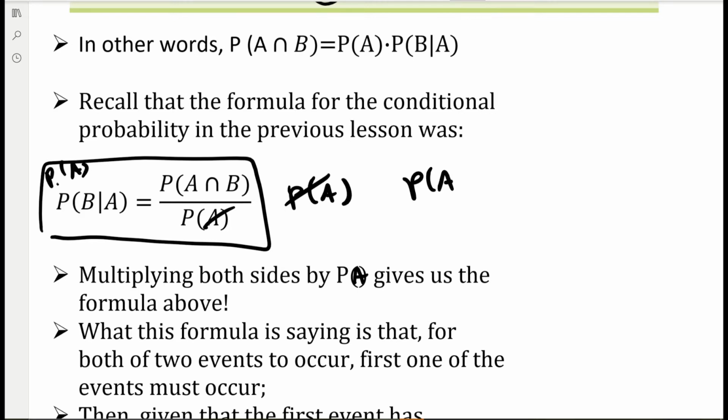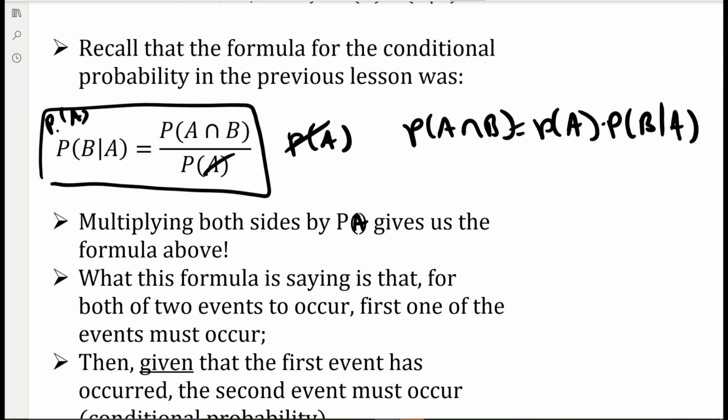P of A intersect B equals P of A times P of B given A. So really these formulas are linked to each other, and so they're intertwined.